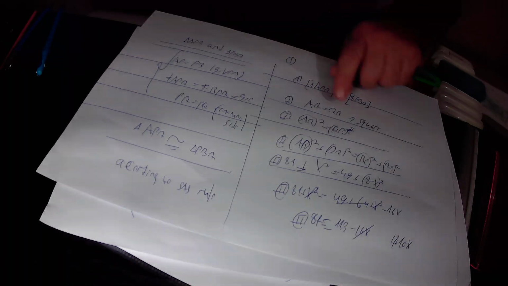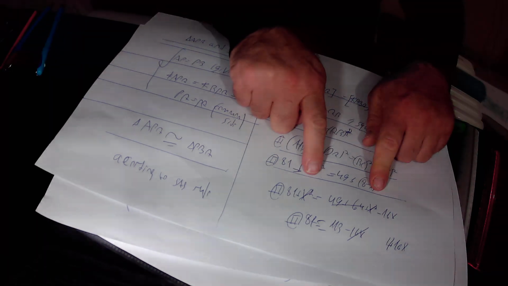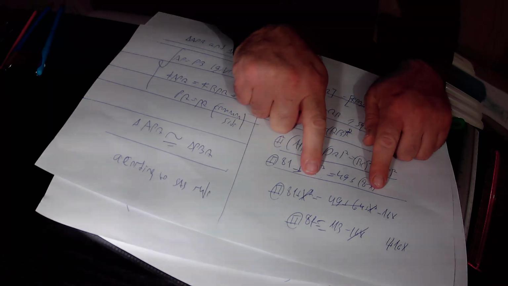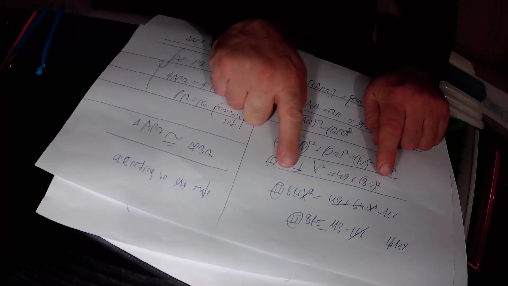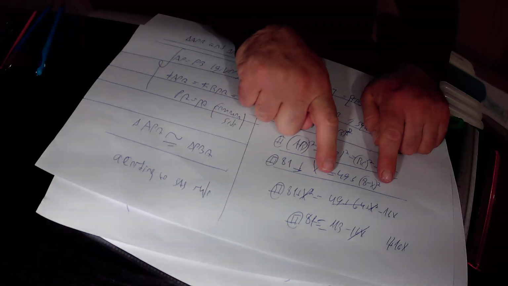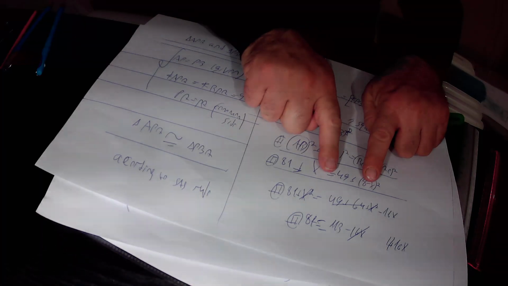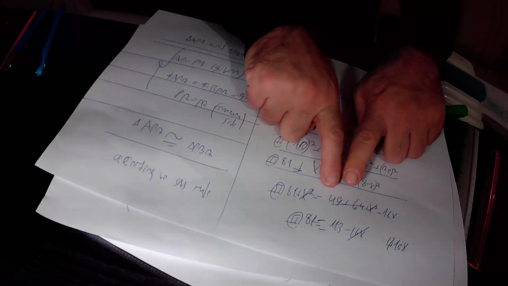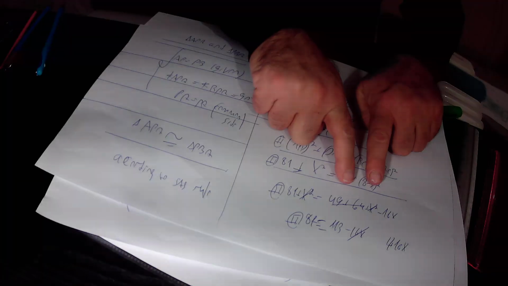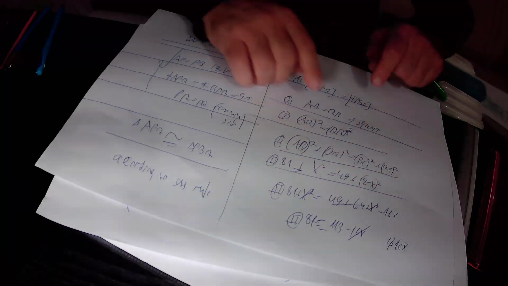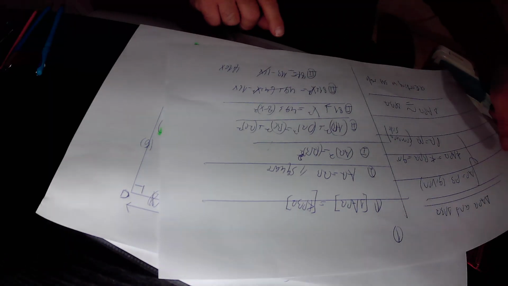So here we have x square on both sides of this equation, so x square gets cancelled. On this side of the equation we are left with only 81, while on the other side we have 49 plus 64 is 113, minus 16x.